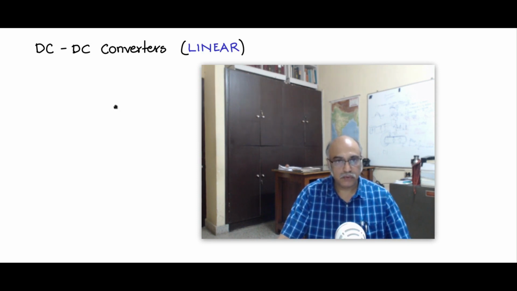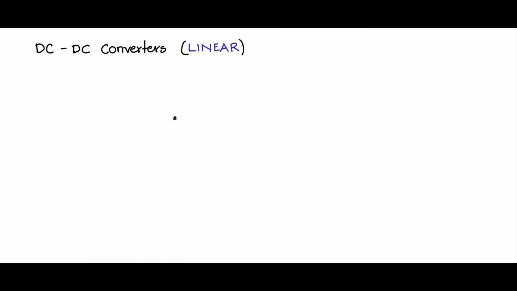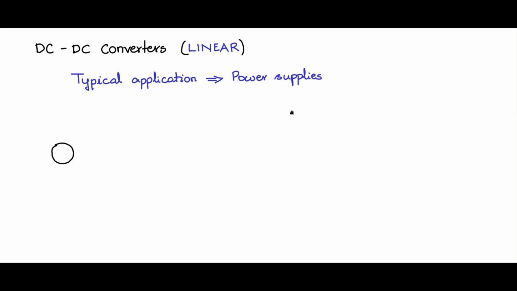So today we will discuss the linear regulators. The typical application for the linear regulators is power supplies. Most of the power supplies for equipments, laboratory power supplies, are based on the linear regulators, especially if your requirement is for a very highly stringent output spec.